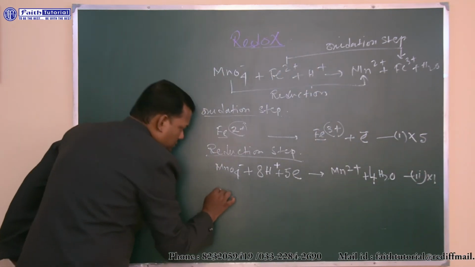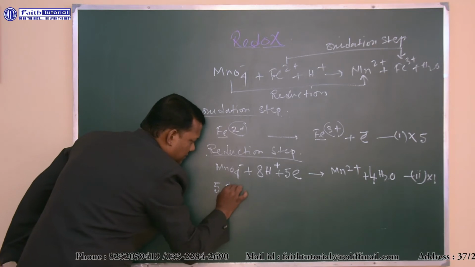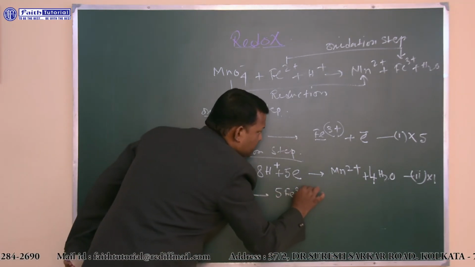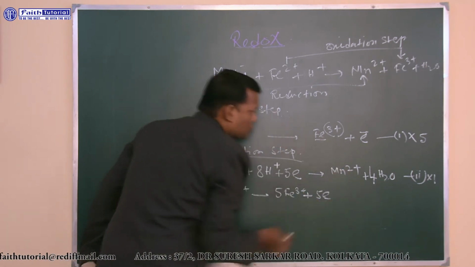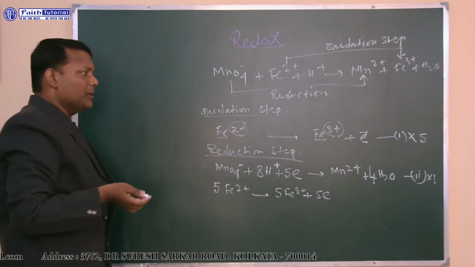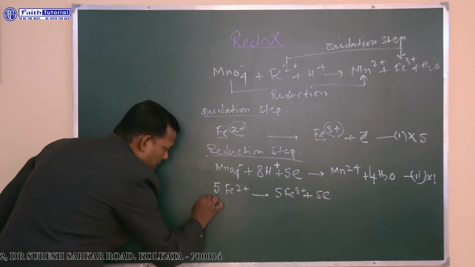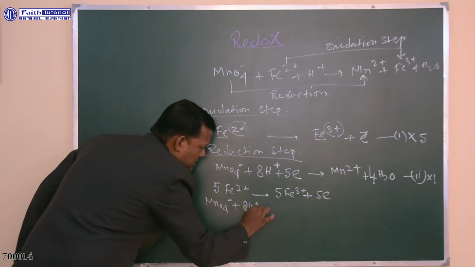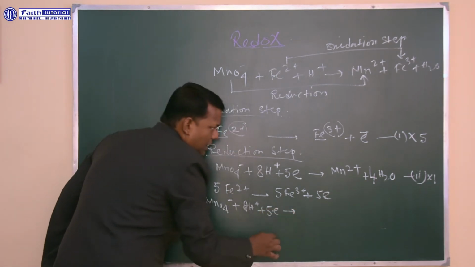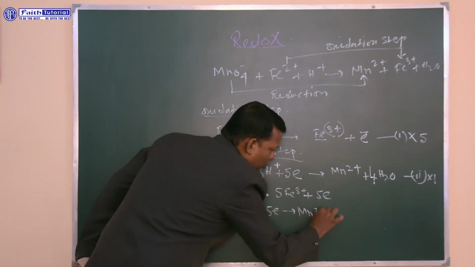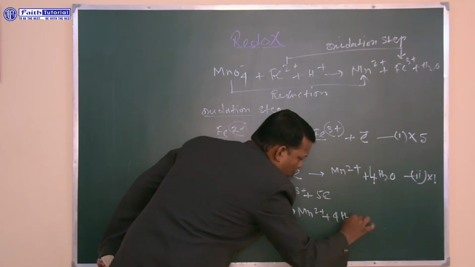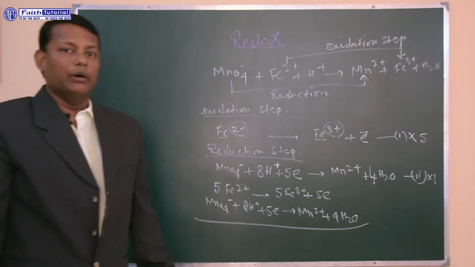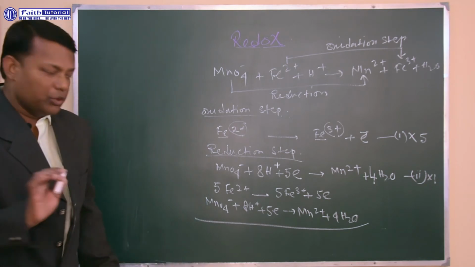Then you are getting 5 Fe2 plus to 5 Fe3 plus plus 5 electrons, and by multiplying equation number 2 by 1, you are getting MnO4 minus plus 8H plus plus 5 electrons gives Mn2 plus plus 4H2O. Now, if we add these two steps, we will get our ultimate balanced equation.